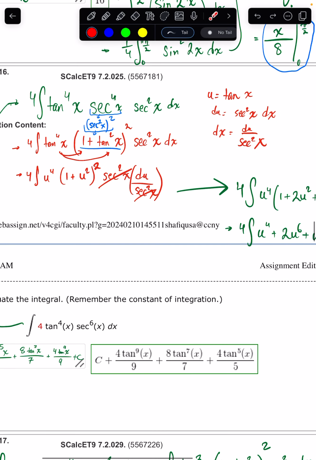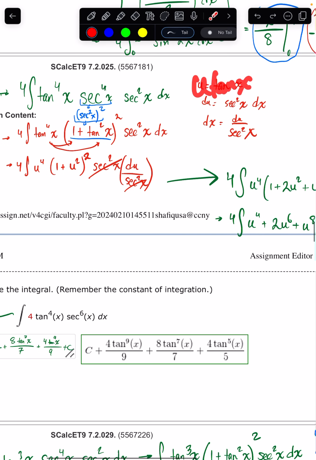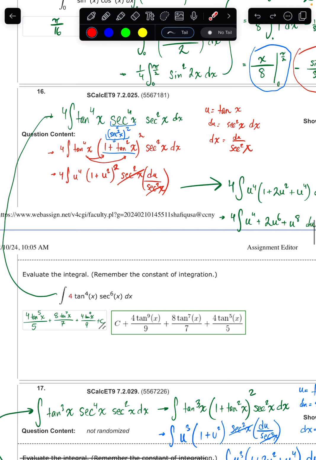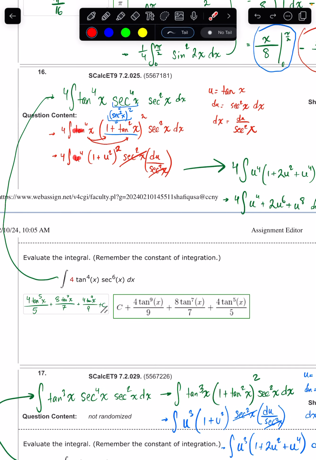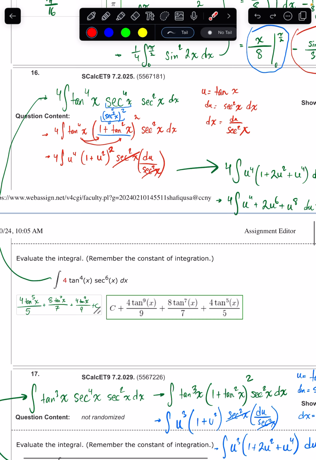Now you can make your u value tangent because we know the derivative of tangent is secant squared, right? So tangent becomes u, right? And the derivative of u is secant squared here.